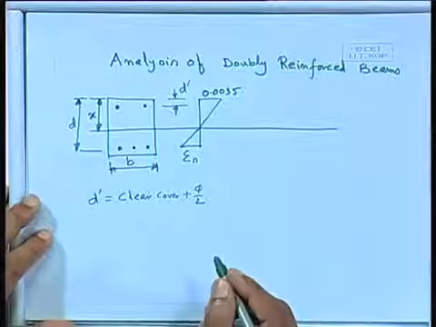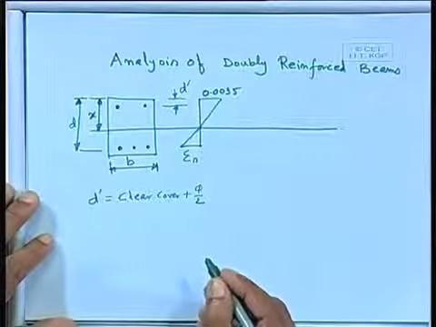Our interest here, we can divide it into two parts. One that I have already told, one that singly reinforced section plus you supplement with steel in the compression side as well as in the tension side.